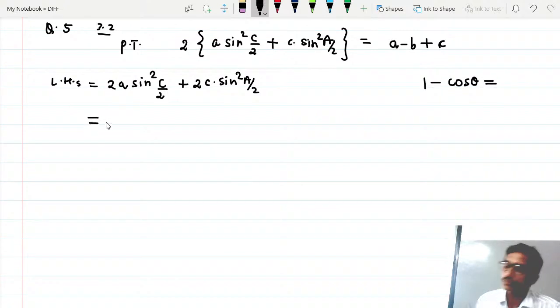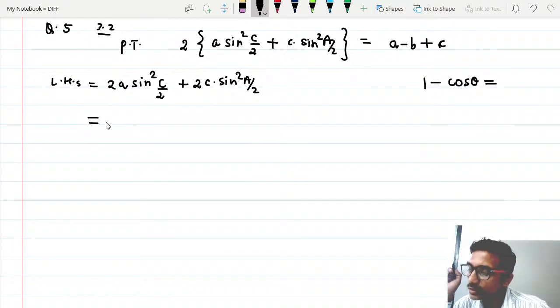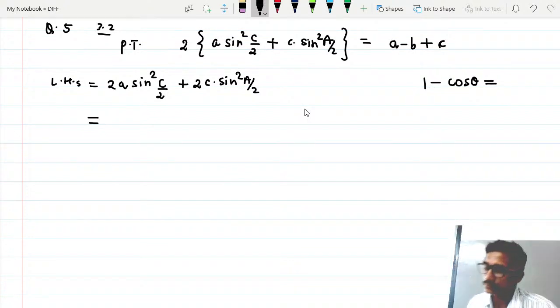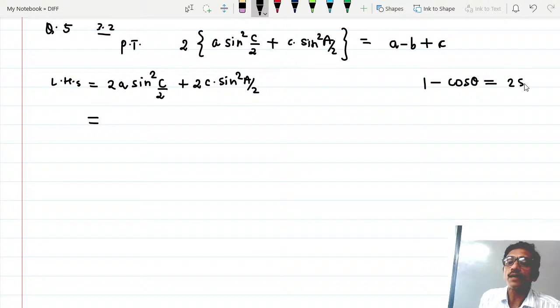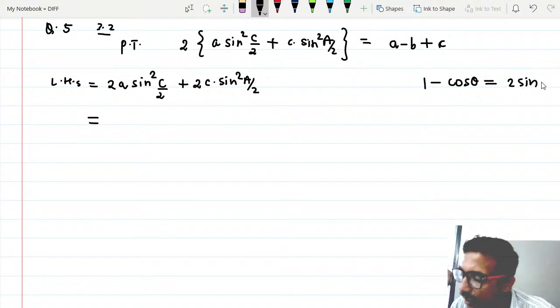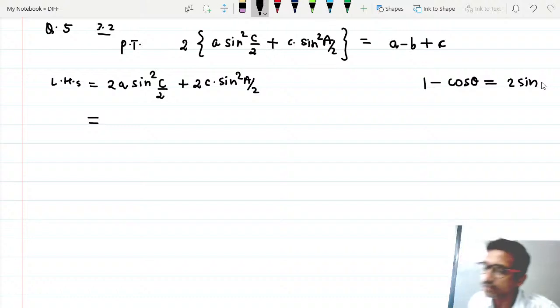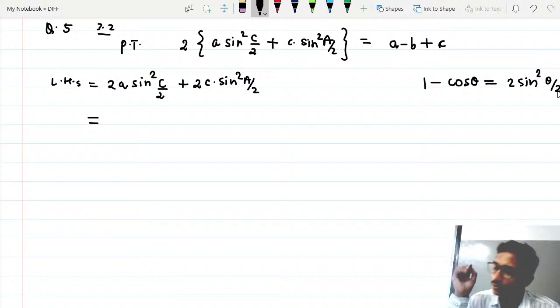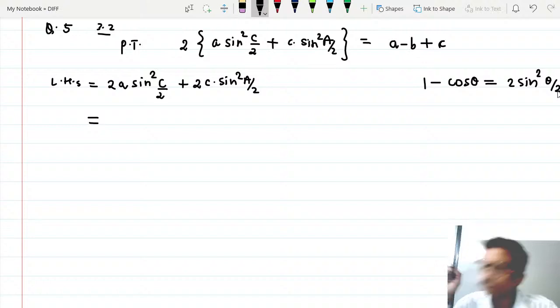The answer is 2 sin square theta by 2. Very good, your answer is absolutely right, 2 sin square theta by 2.